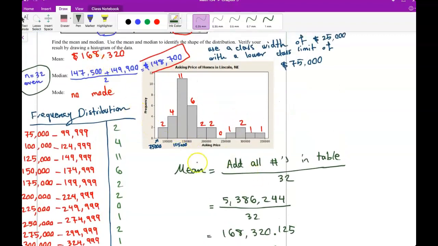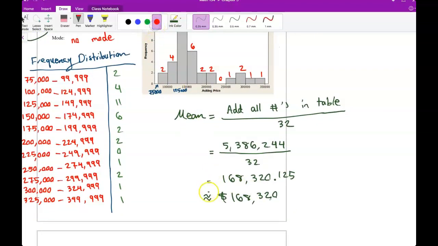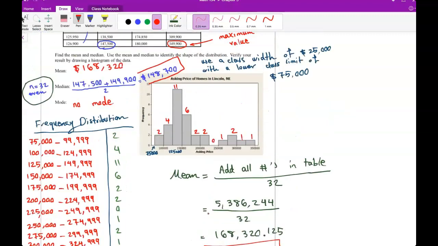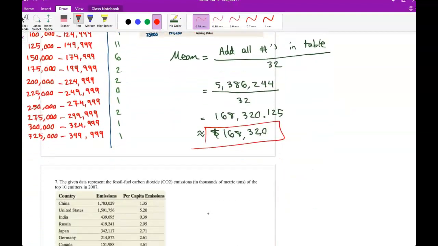So we got that number here. Okay, we finished this one.